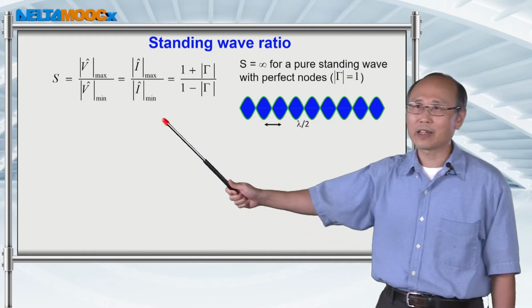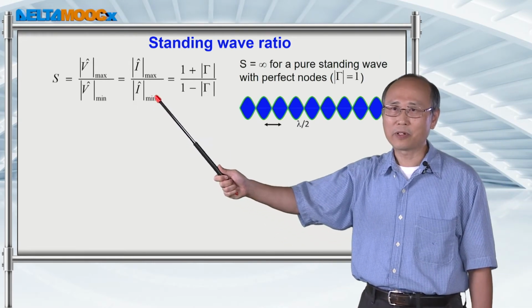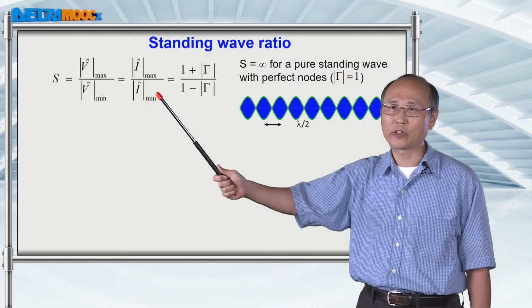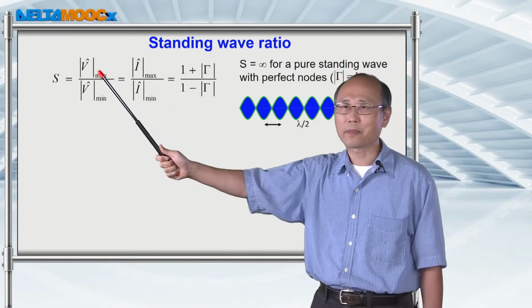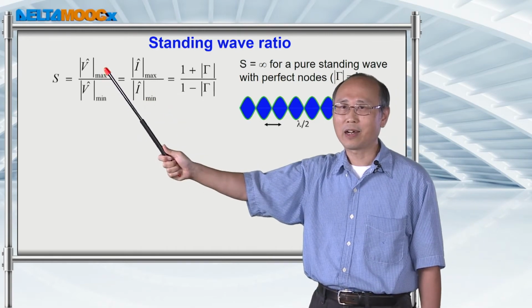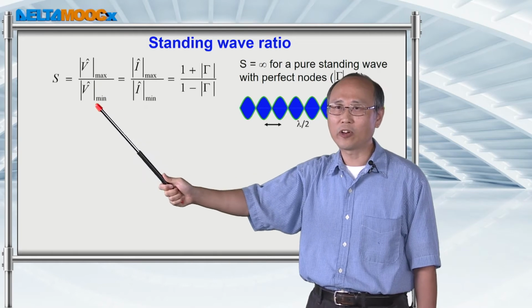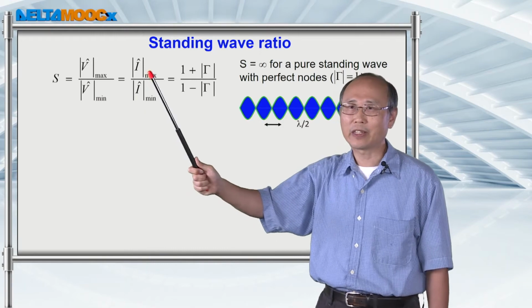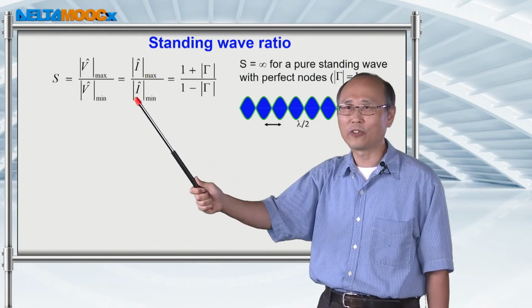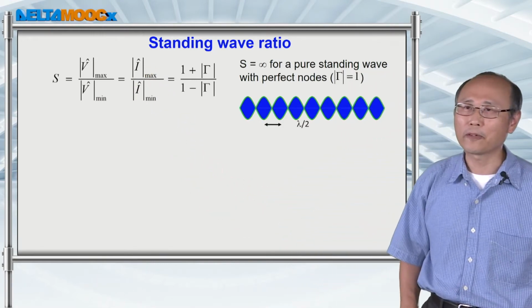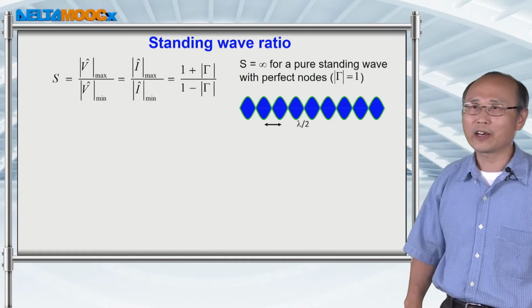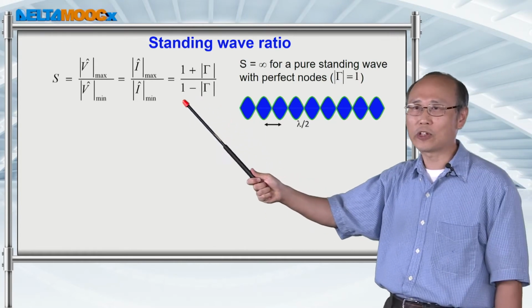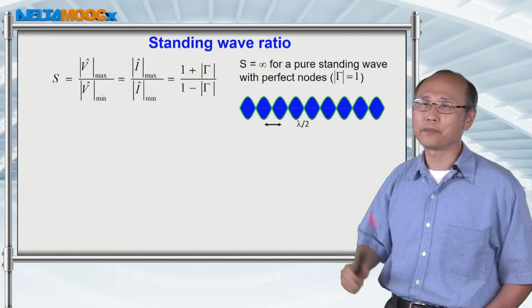So we define a value called the standing wave ratio, which is the maximum voltage over the minimum voltage for the envelope function, or equivalently the maximum current over the minimum current for the envelope function. It turns out that the standing wave ratio is given by this expression.